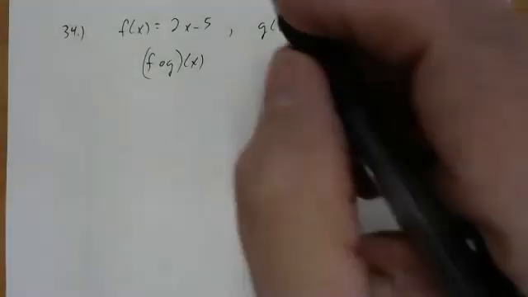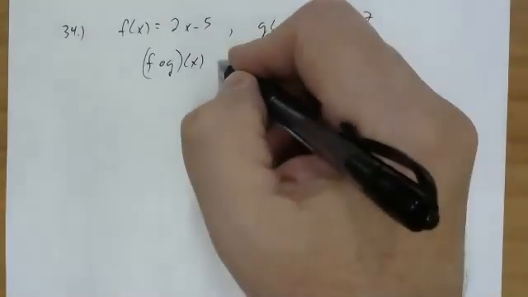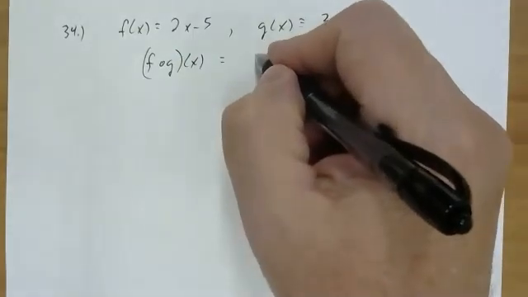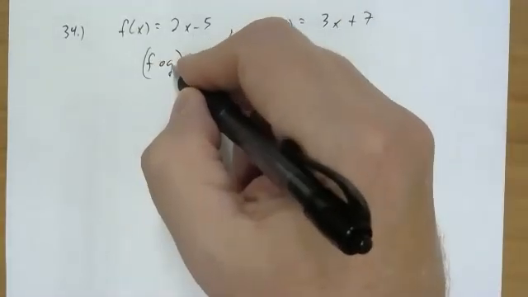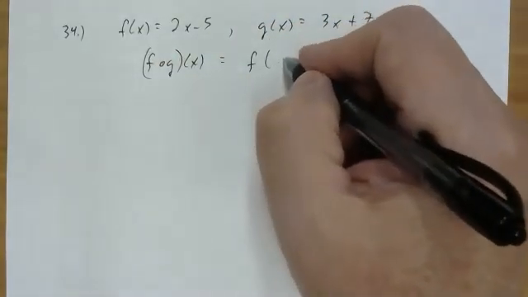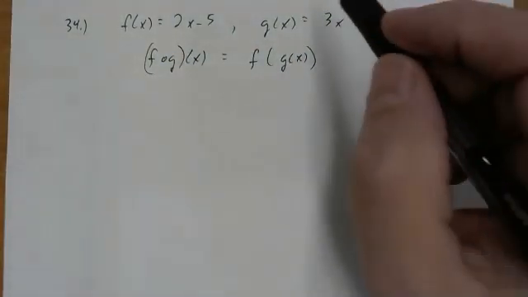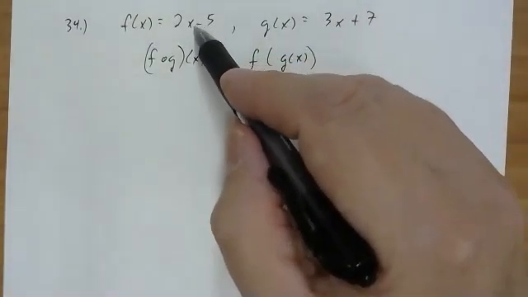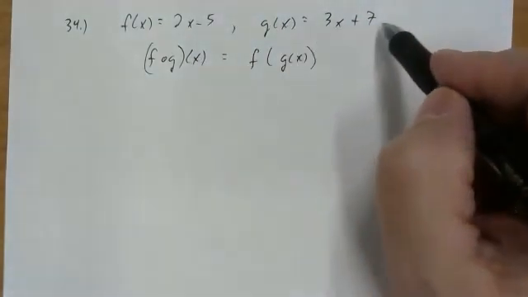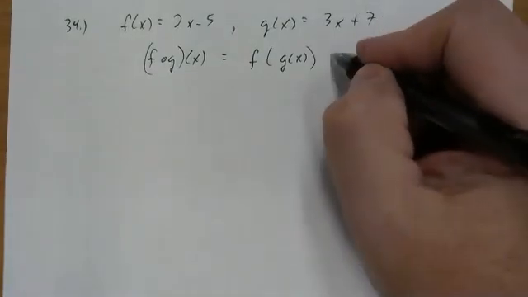First thing they ask for is f composite g. What I always do is rewrite this because it makes much more sense to me. f composed g means f of g of x, which means you take the f function, and every place you have an x, you replace it with the whole g function.